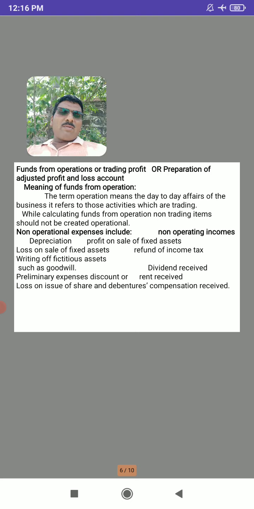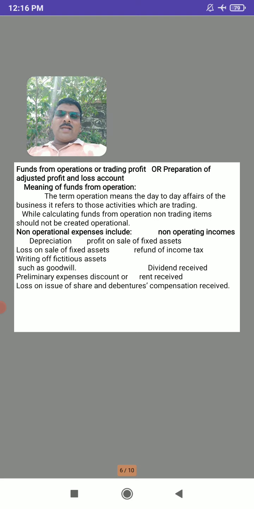While calculating funds from operation, non-trading items should not be considered operational, so they are not taken. Non-operating expenses include depreciation, loss on sale of fixed asset, and writing off of fictitious assets such as goodwill, preliminary expenses, and discount or loss on issue of shares and debentures.